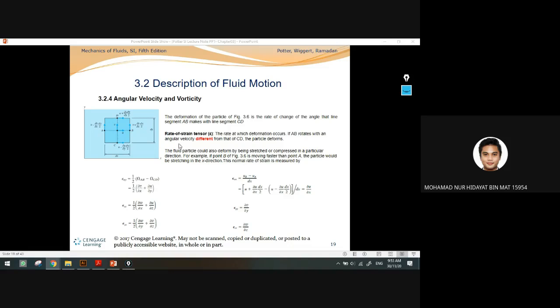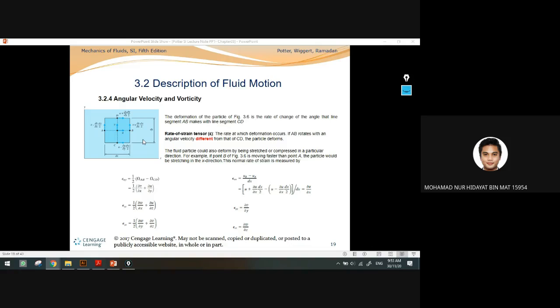Okay. So remember, when the fluid is in motion, there are two things that happen. The fluid might rotate and deform. Previously we have learned the rotation of fluid in terms of angular velocity and vorticity.